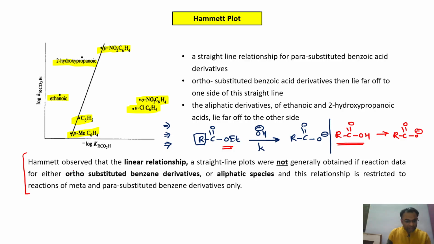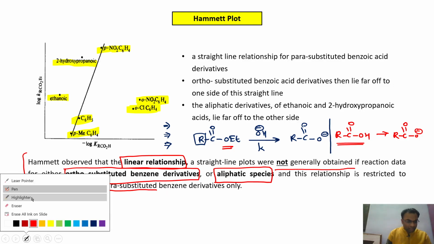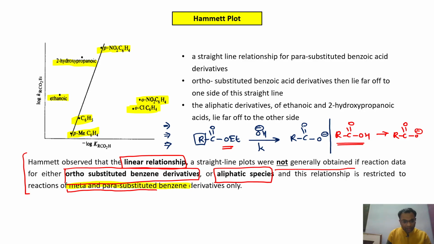After observing that, he concluded that the linear free energy relationship is not generally applicable for ortho substituted benzene derivatives and aliphatic species, and this relationship is only applicable for meta and para substituted benzene derivatives.